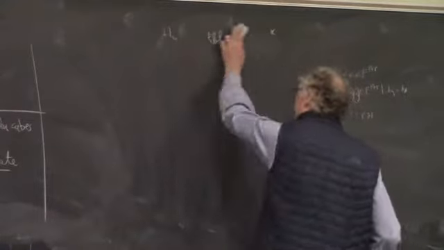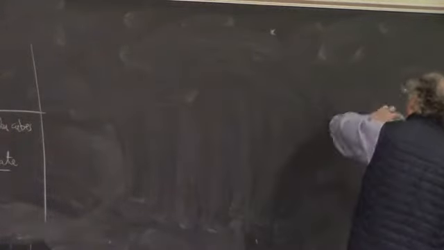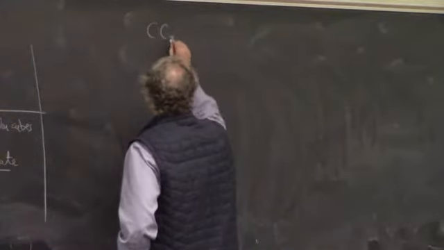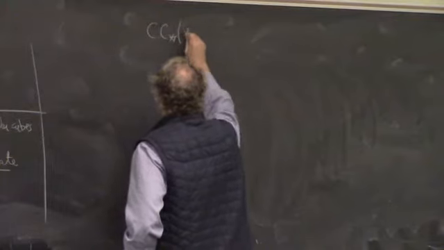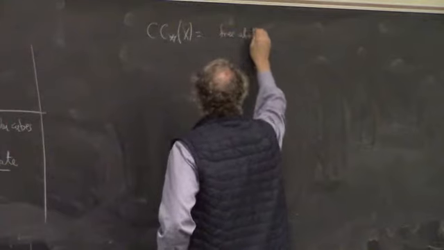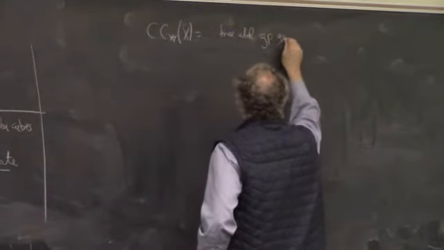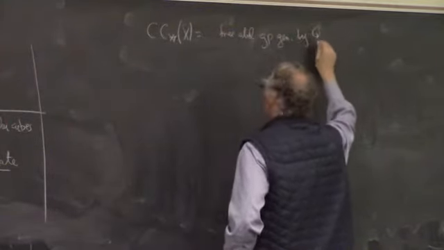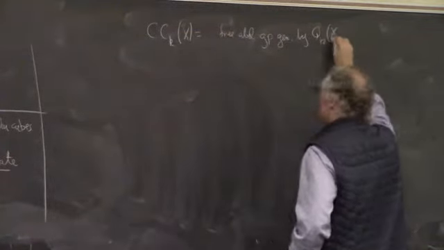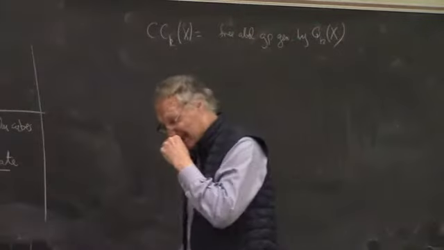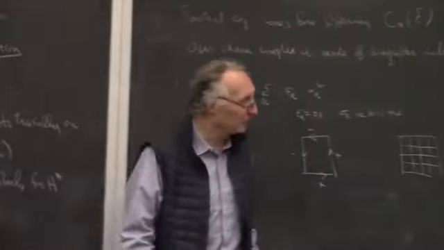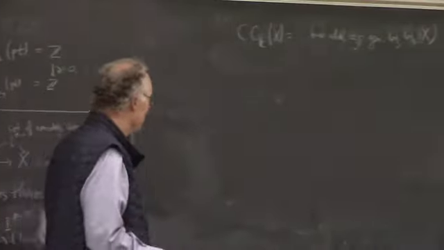And we'll let the kth cubical chain complex, the cubical chain group on X, be just the free abelian group generated by these non-degenerate cubes of degree k, taking linear combinations with your coefficients of these non-degenerate cubes.